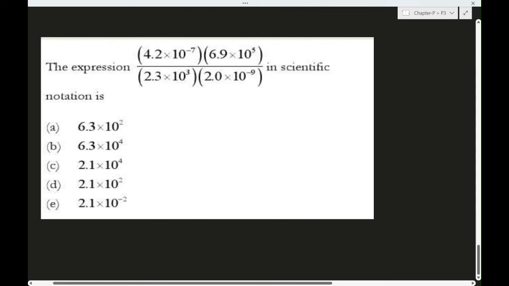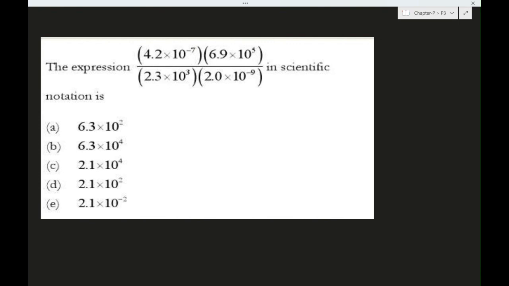Okay, so now let's look at this one. For this, we can decide to go directly, and we'll be fine. So here directly you can just do your cancellation.